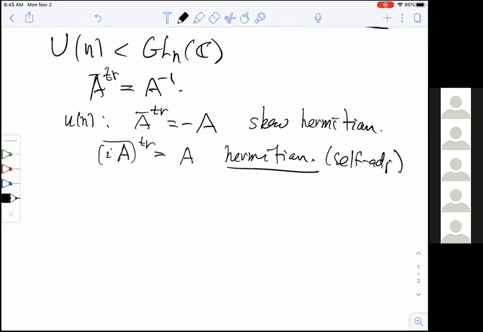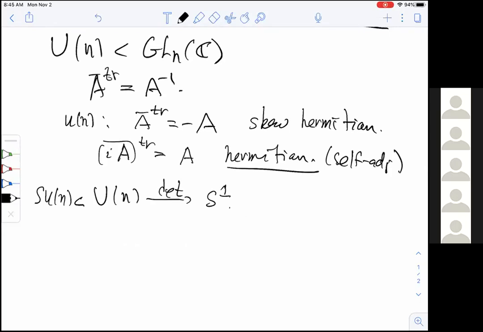Anyway, we of course have the determinant map from U(n) to C star, but because these are unitary matrices, the determinant goes to S1. And SU(n), the special unitary group of dimension n, is simply the kernel of the determinant.